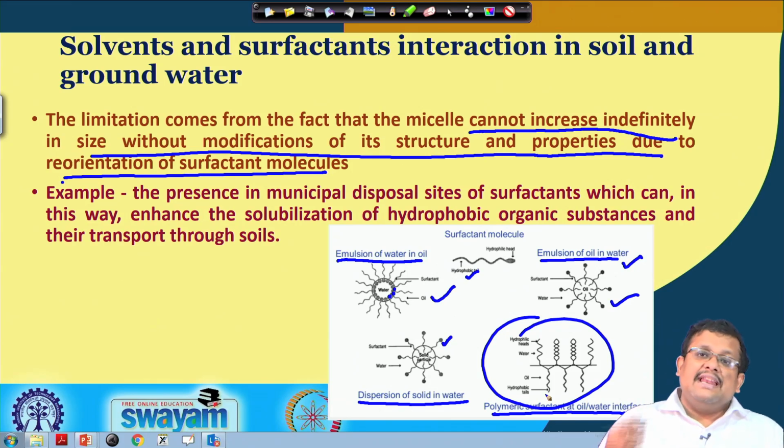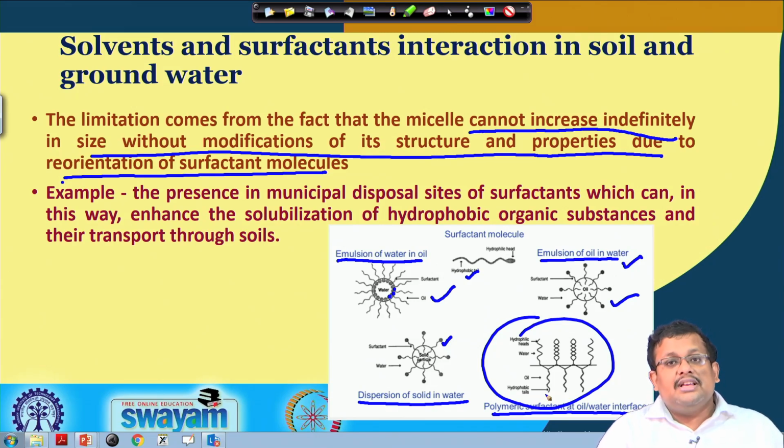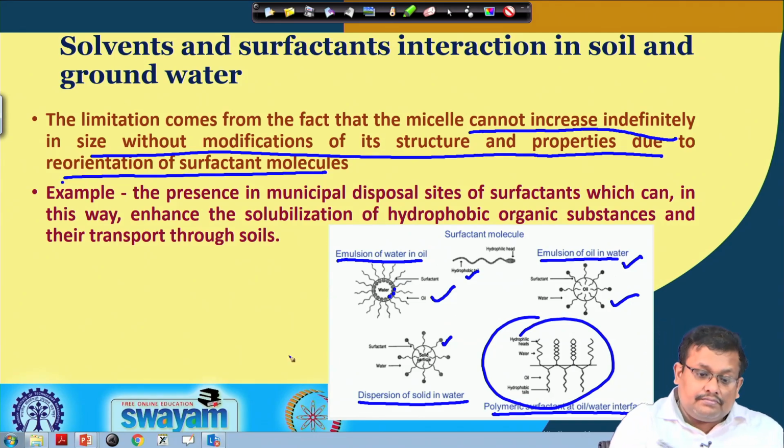They can enhance the solubility of harmful toxic organic chemicals which are non-polar in nature. Since they are non-polar, they cannot mix in polar water. For their mixture in the polar water and to form an emulsion in the water, they require the help of the surfactants, and in this way the surfactant is not beneficial from the environmental point of view.